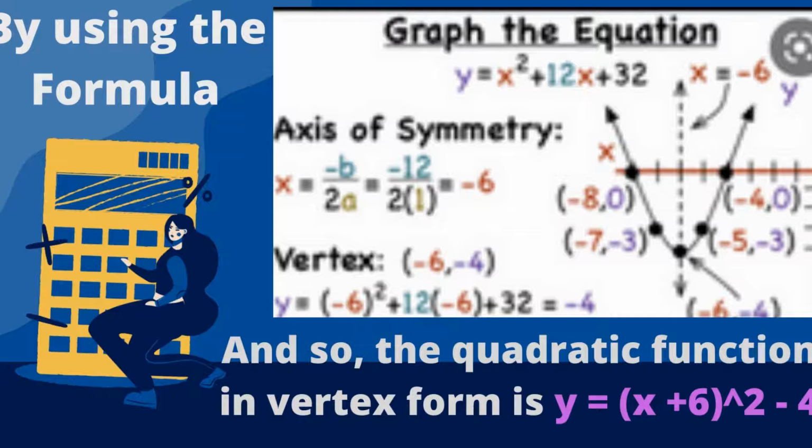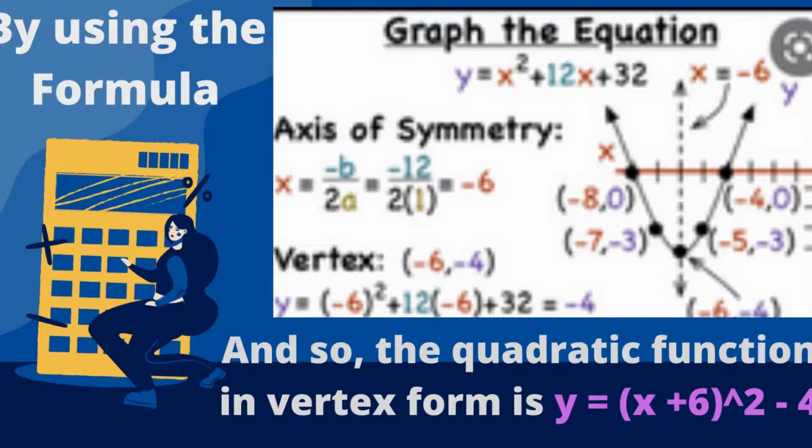To get now the k, or simply y, instead of using the formula for k, you may use the shortcut, and that is substituting the value of x to the given function y equals x squared plus 12x plus 32.